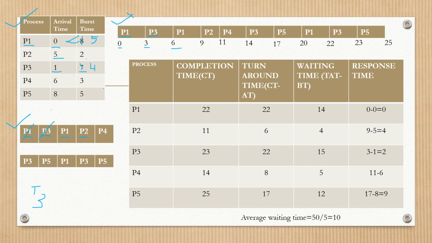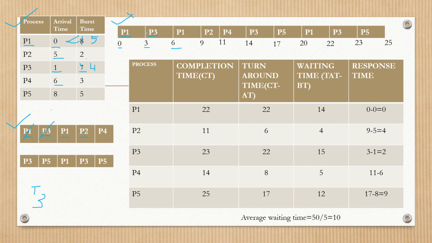Now the CPU has completed process P3 at time 6. At time 6, P3 has to come back to the ready queue, because P3 still has to complete 4 units of time. And P4 also arrives into the ready queue at time 6.